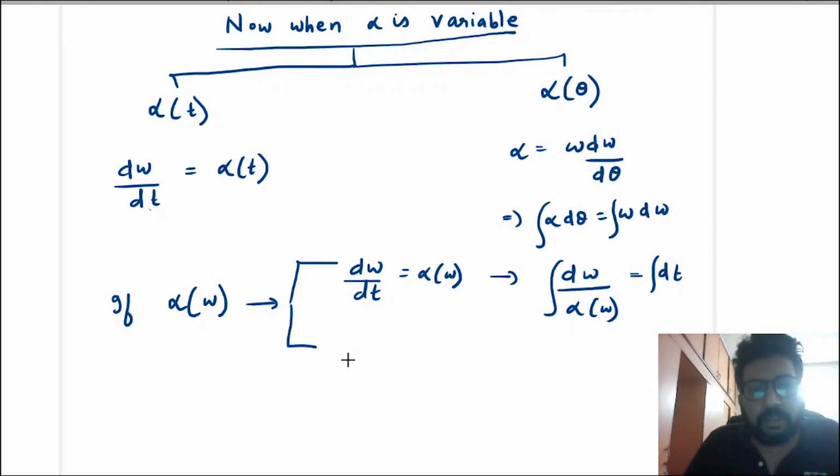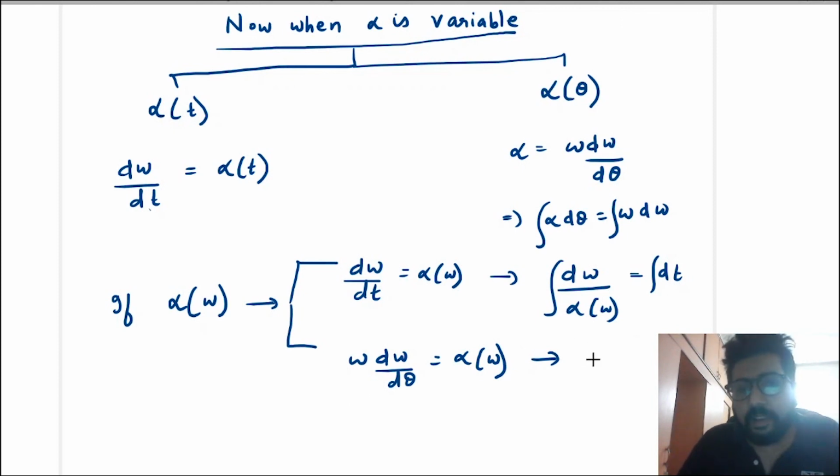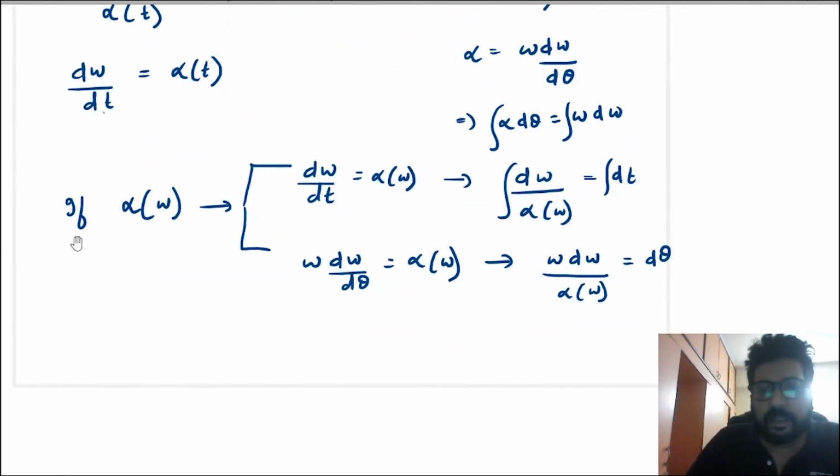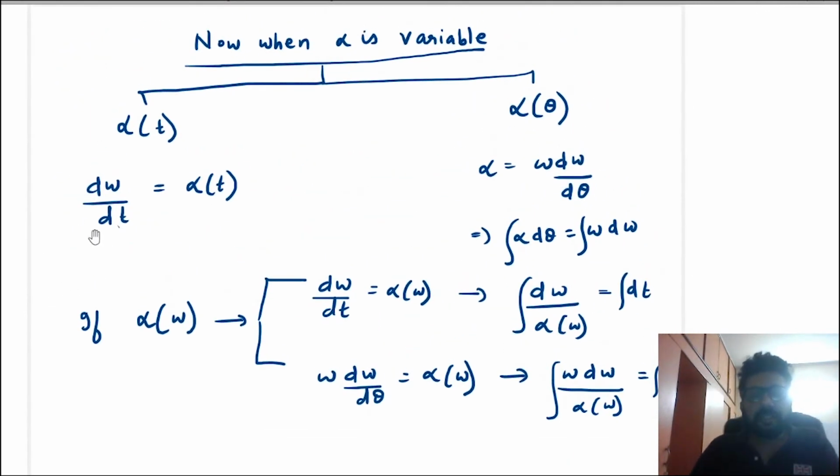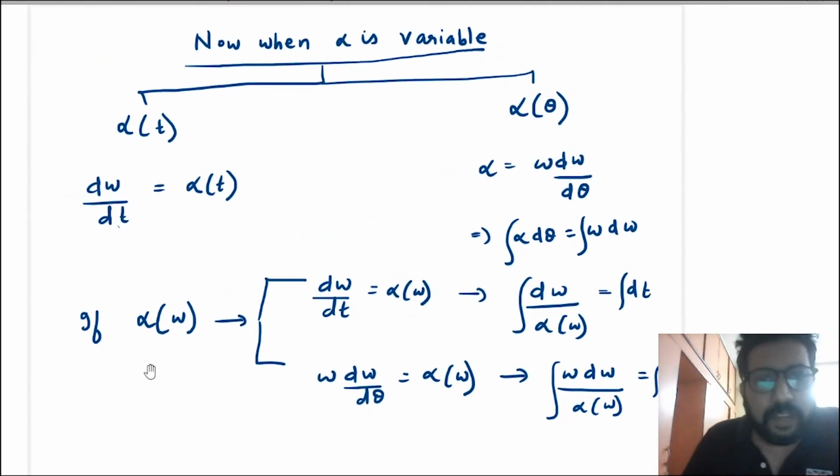Or you can also use omega d omega by d theta is equal to alpha as a function of omega, and you will say omega d omega upon alpha as a function of omega is equal to d theta. And again then you will integrate with proper limits. So depending on the situations, these are the questions that can be asked when alpha is variable.